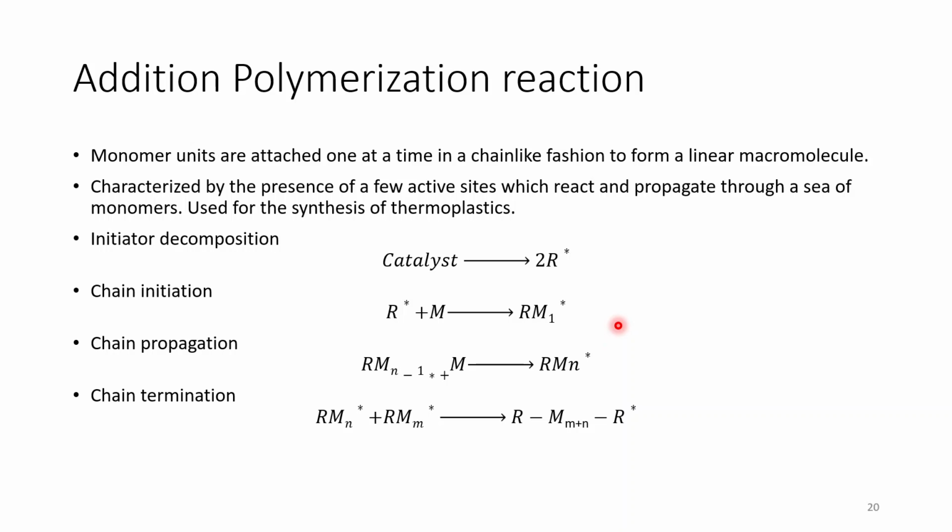Then you have chain propagation. So this RM* will combine with another monomer and this will keep on increasing, and you'll be getting these high length chains. These chains will finally combine and terminate the radicals, and the radicals will go out of the chain and you'll be getting these polymers.